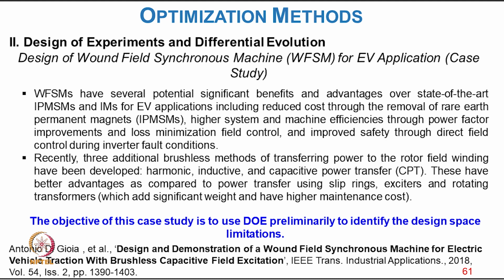Recently, three additional brushless methods of transferring power to the rotor field winding have been developed: harmonic, inductive, and capacitive power transfer. They have better advantages compared to power transfer using slip rings, exciters, and rotating rectifiers, which add significant weight and have a higher maintenance cost.